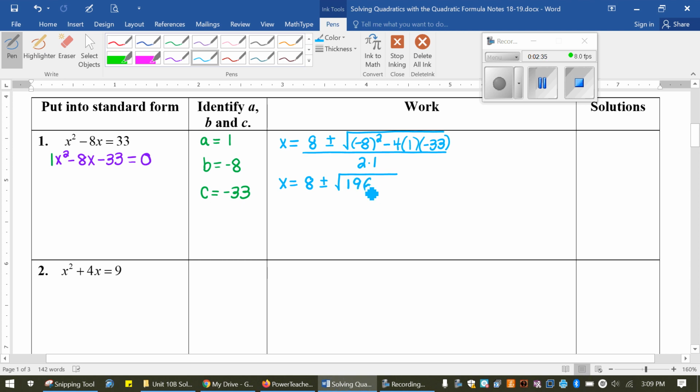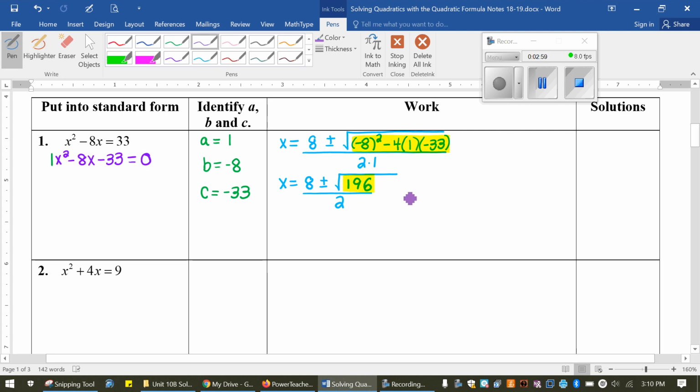So you should pause the video right now, type that in, and make sure that what you're getting is 196. And then all of that is being divided by 2. So just to clarify again, you're going to type in everything that's underneath the square root, and you get 196.